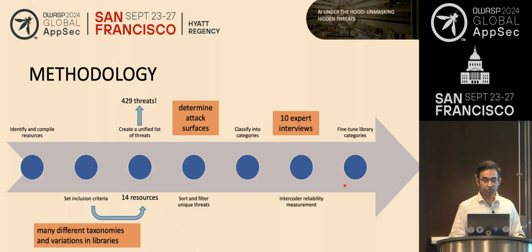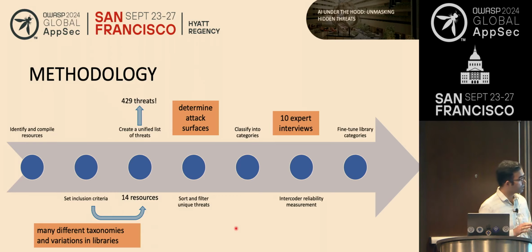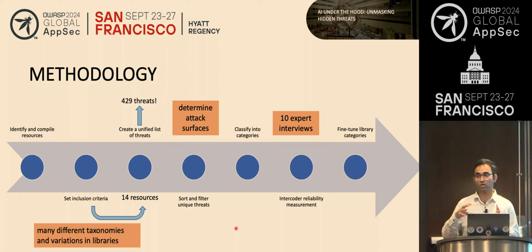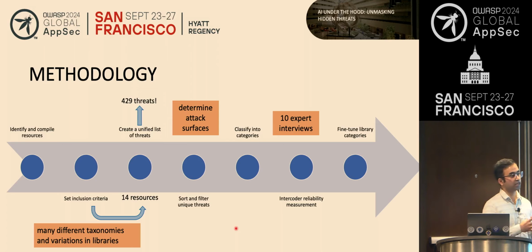We looked at these 429 threats, and some of them were duplicates. So we sorted them, removed the duplicates, and just kept the unique threats. These threats determined the attack surfaces that could potentially exist within an AI application. After that, we converted these threats into questions or questionnaires that security architects can use while doing security threat modeling for AI applications.